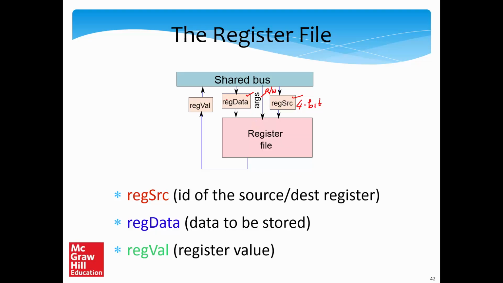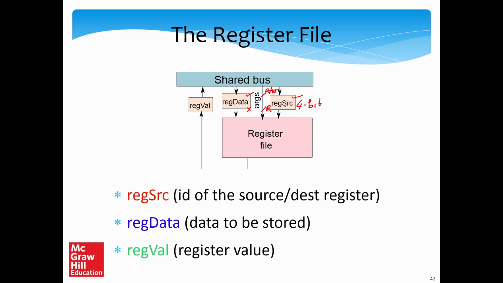Alright, so what is reg data again? When I'm writing to a register, reg data contains the value that needs to be written. Assume that I want to read a register, then the value of reg data is irrelevant, so it will not be read. However, the value of the arguments will be equal to R, which means I want to read a register.